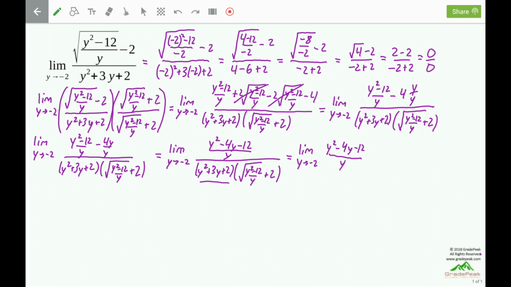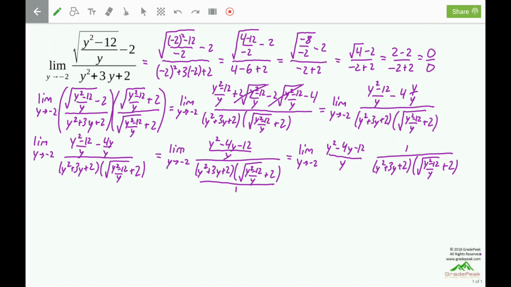The denominator doesn't really have its own denominator, but you can put it over a 1 and reciprocate it, and it'll be 1 divided by all of that: y squared plus 3y plus 2, and then the square root of y squared minus 12 over y plus 2.